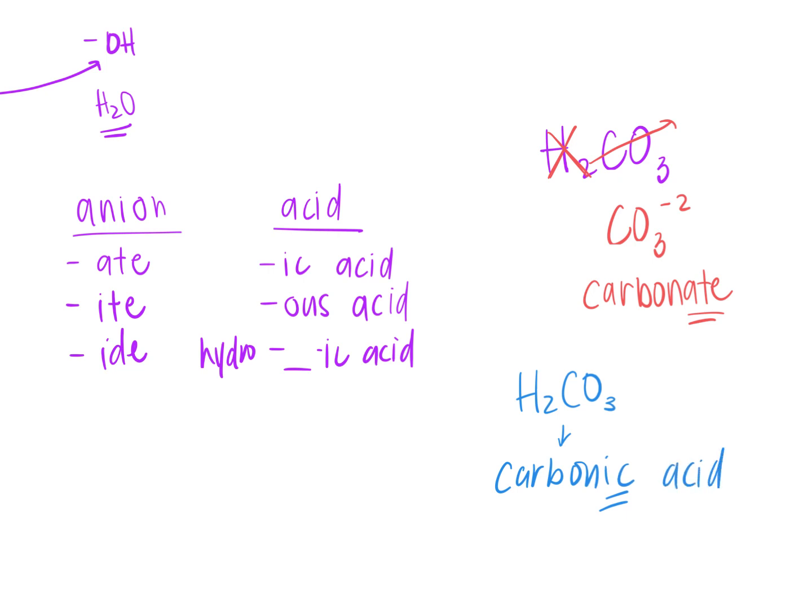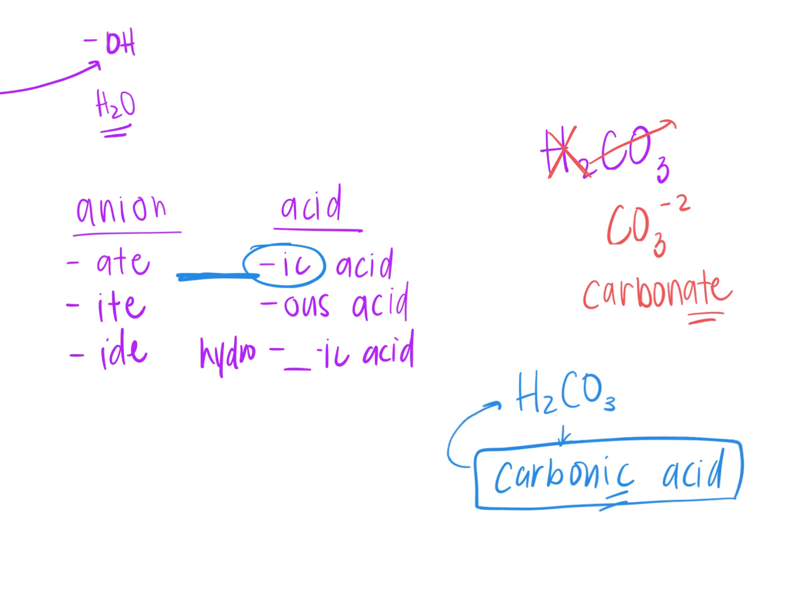Okay, I take the regular root of our word and I change the ending or the suffix to be ic. Carbonic acid. So instead of carbonate, it becomes carbonic acid. So here is the name of our acid.